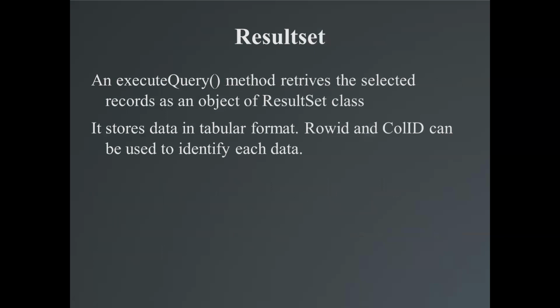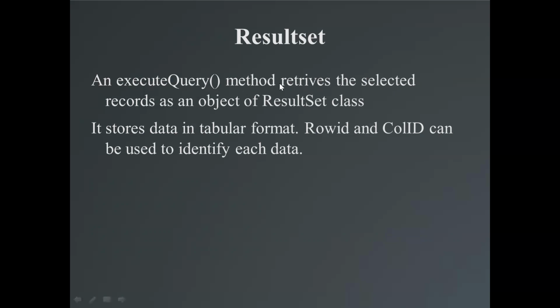Finally, after executing the query, the result set will be recorded. As I told you, the executeQuery method is always used for retrieving data from the database, whereas executeUpdate is the method used for updating the data in the database.